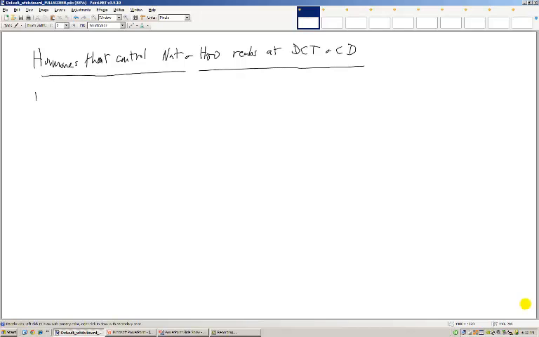Okay. First one is aldosterone. And that hormone controls sodium reabsorption, mostly at the DCT. A little bit in the collecting duct as well, but mostly the distal convoluted tubule.